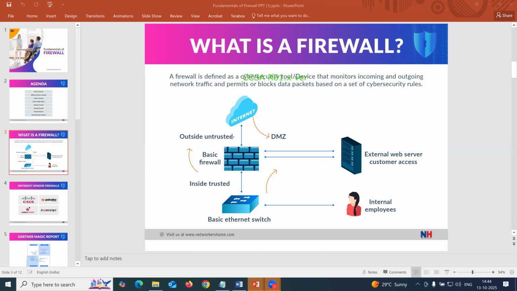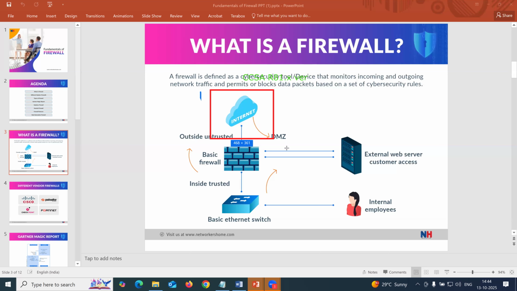On a firewall, you'll have multiple interfaces. On an interface, you'll define, okay, this interface is connected to my switch and the switch is connected with my internal employees. That is my LAN network. And the LAN network is in your control. If you want to modify or make changes, or change the subnet, anything, it's in your control.